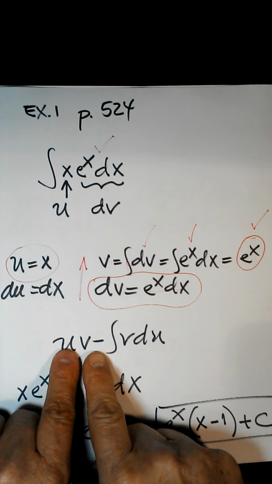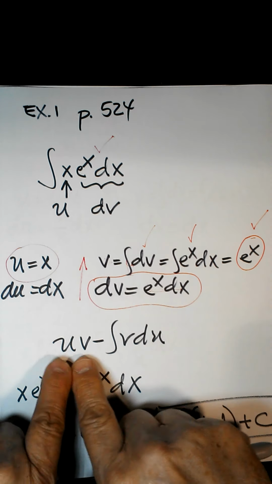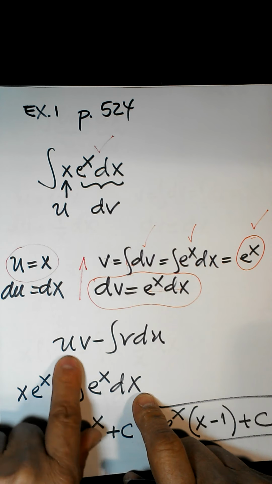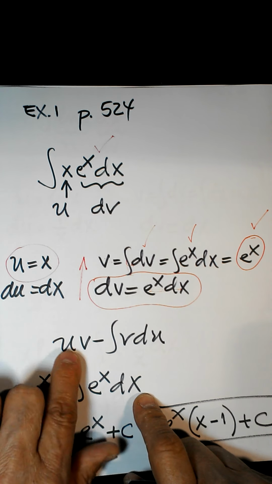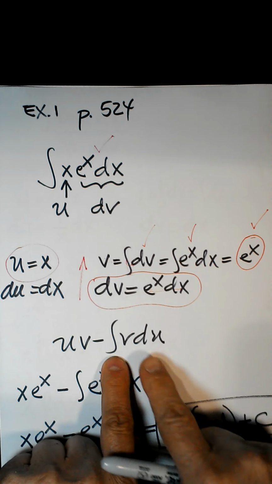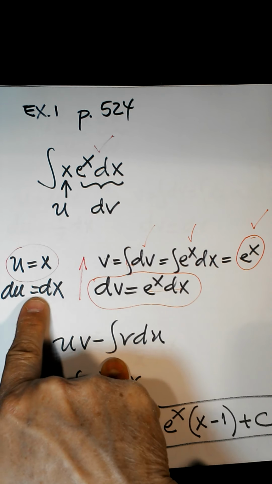Now we set it up. uv minus the integral of v du. Here's the u, here's the v. Put them here. We'll never touch this piece again. This is already part of the solution. We don't need to do anything else to u times v. Minus, but now we need work here, because the integral of v du. Here's the v and the du, which is simply dx.